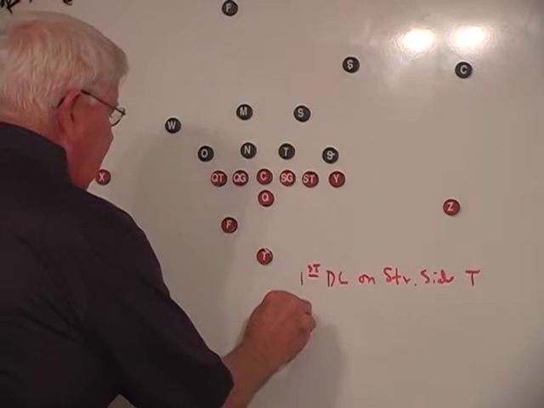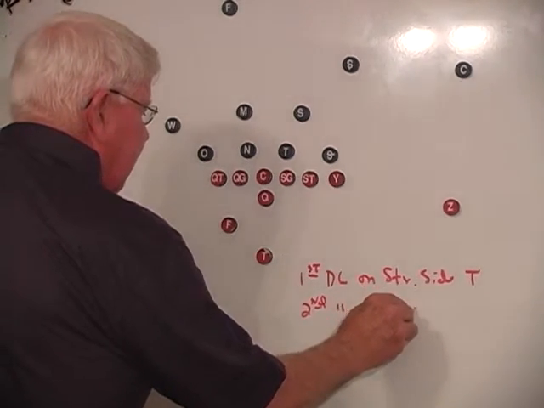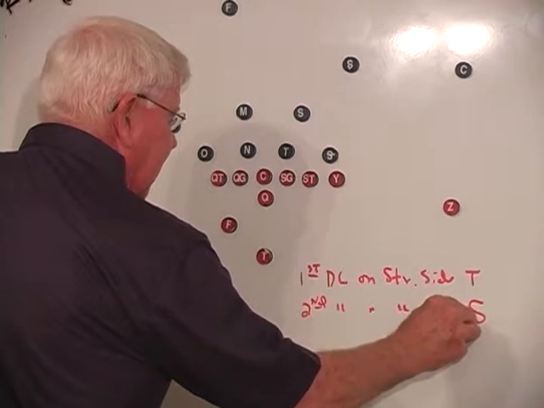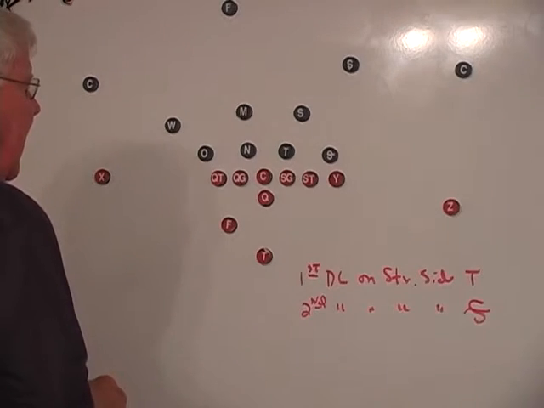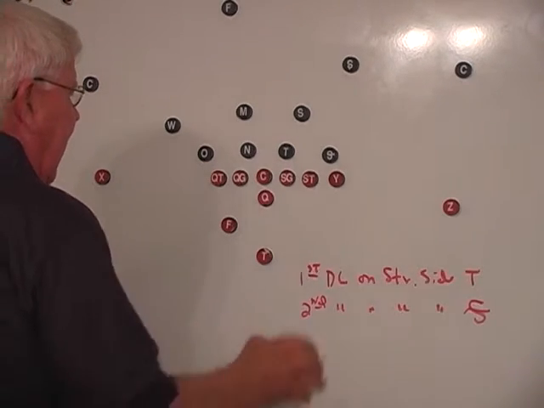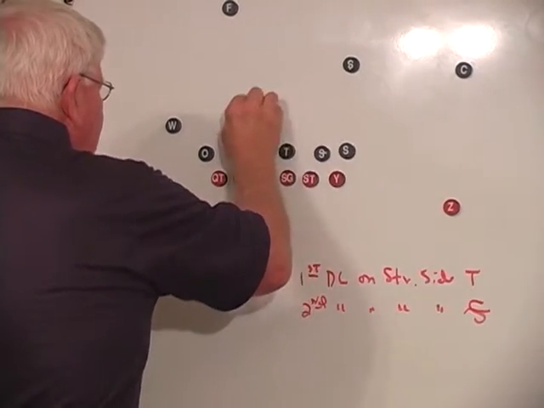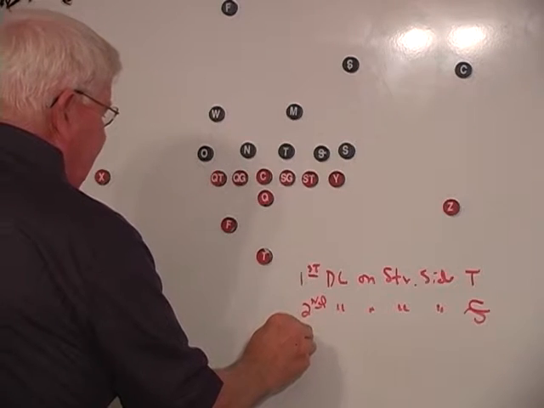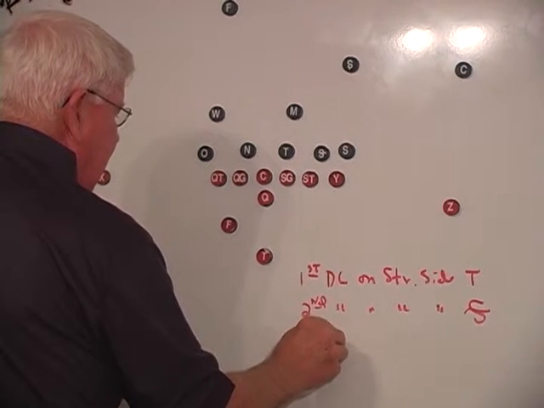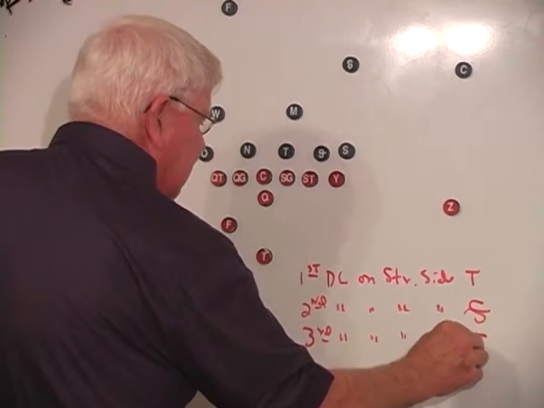The second defensive lineman on the strong side is the stud, and we give him an S with a line through it like that. If they have a third guy on the line of scrimmage, let's say they had this defense here, and they move these two guys over here like this, then the third defensive lineman on the strong side becomes the Sam.